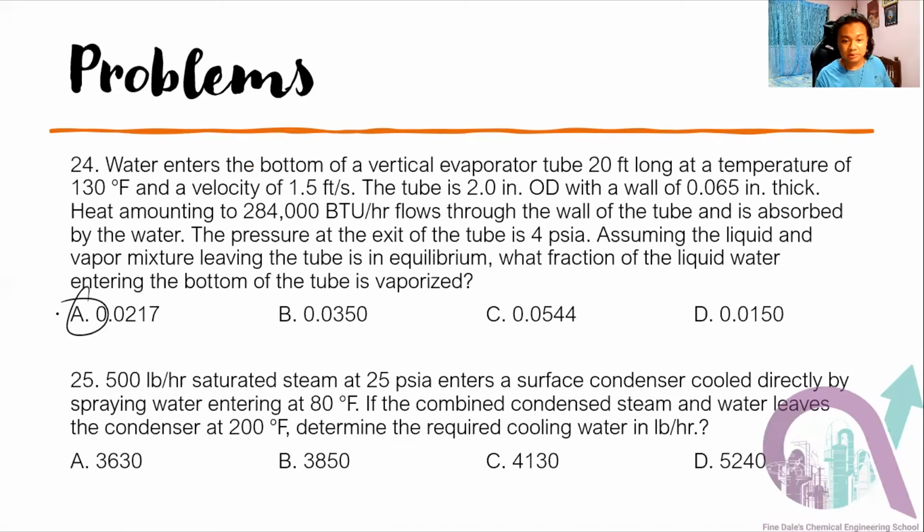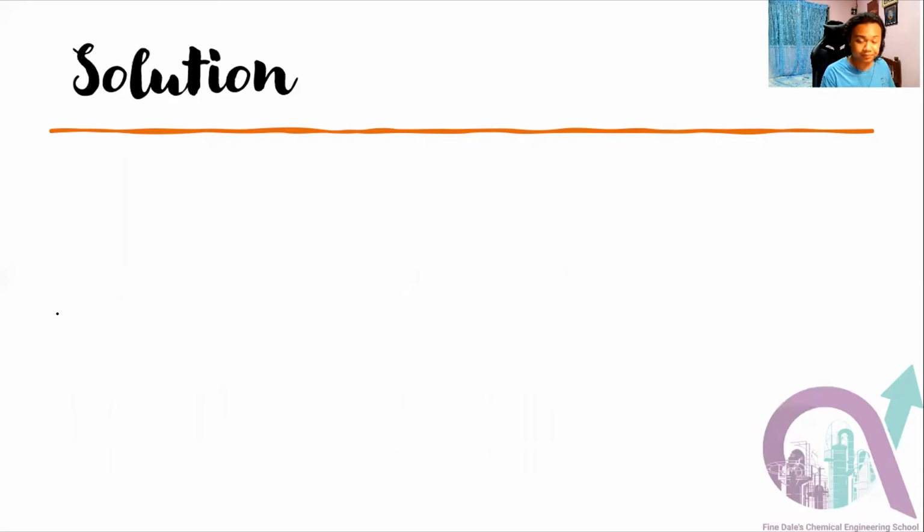So number 25, it's relatively easy. Relatively easy, I don't think so. So number 25, you have a condenser now. The condenser is a spray condenser. So you have water there, and then you have water here.